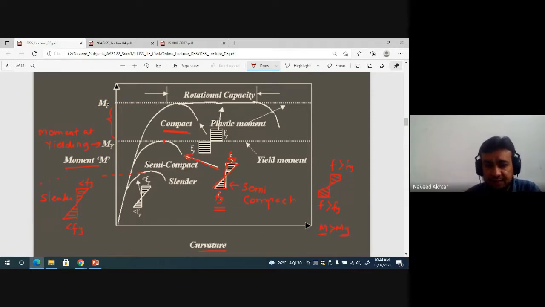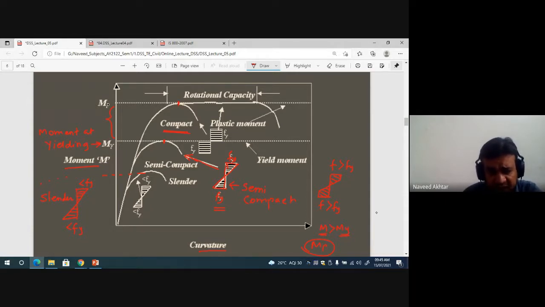At that time, this section will not go for the mechanism. It will not go for large deformation, and at Mp, the plastic moment, it will fail.